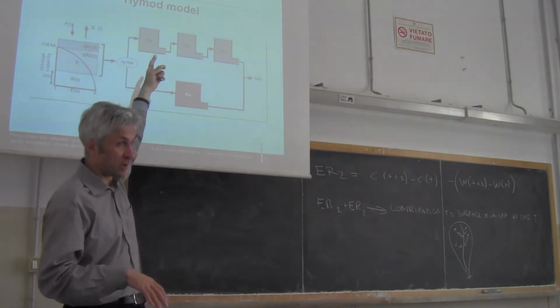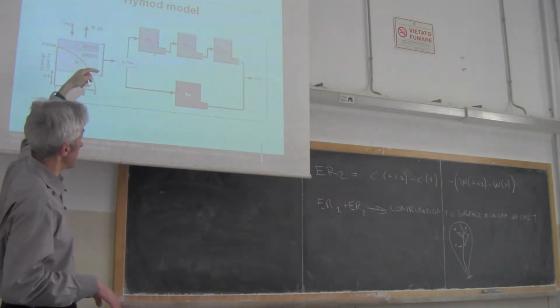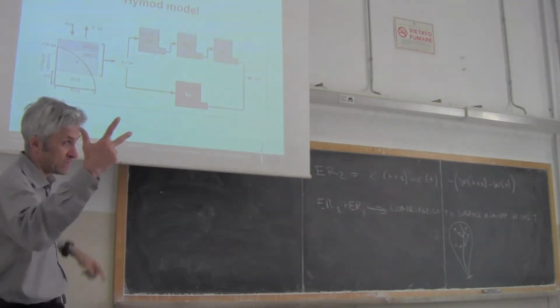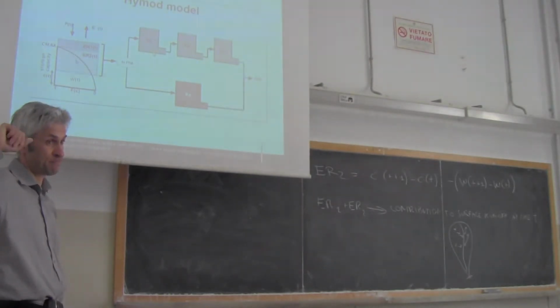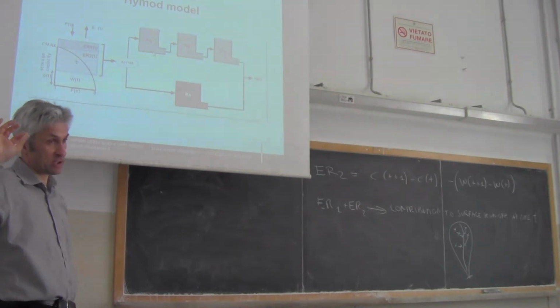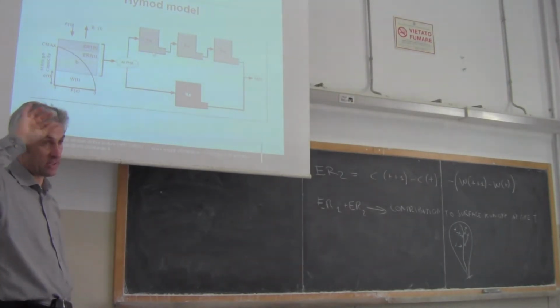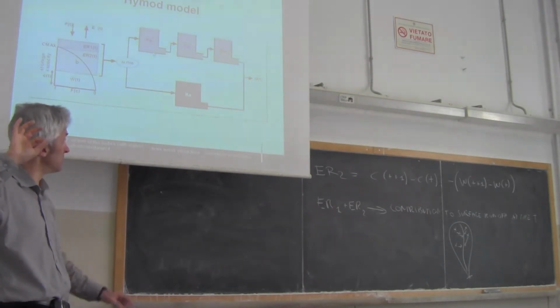The other component of surface runoff is routed through a sequence of 3 linear reservoirs. You remember that the linear reservoir has a parameter, which is the constant k, it's a time.